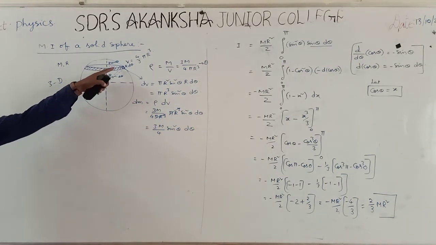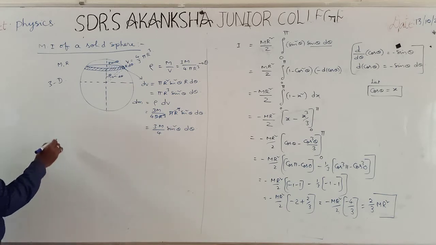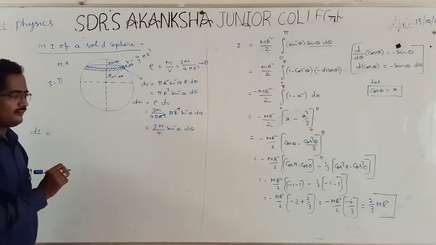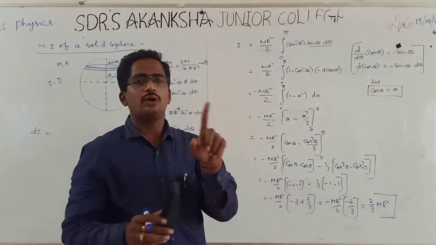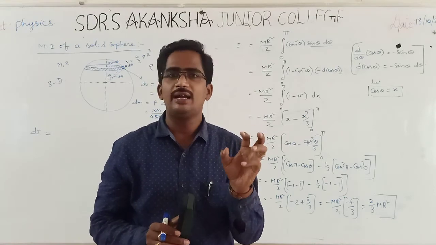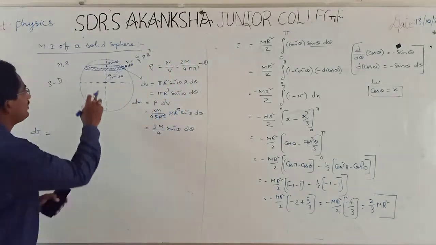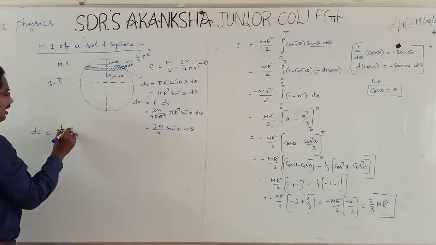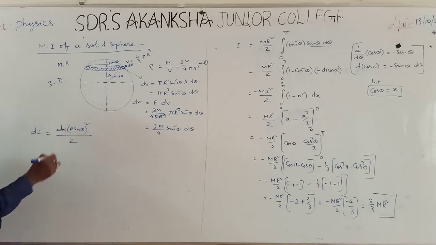After getting the mass of this disk, I want to get its moment of inertia, that is dI. You know well, whenever this is rotating about its own axis, the moment of inertia formula is mr square by 2. Accordingly, its moment of inertia is dm into r sin theta whole square by 2.